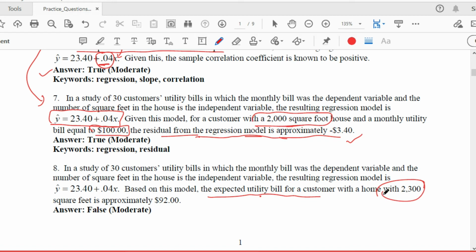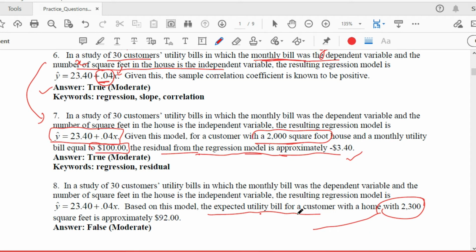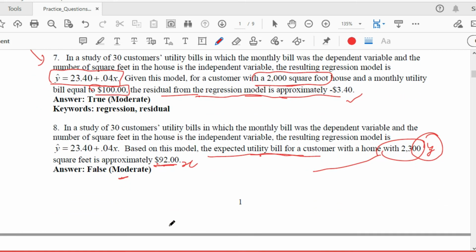Now you have to check this, put this value as x, this is your utility bill. So bill is y, and then they are asking square feet, this one. So put this square foot, it is x, and find whether this value comes y or not. So here you check, when you put this x here, you will not find the real value here. So that's why it is false.